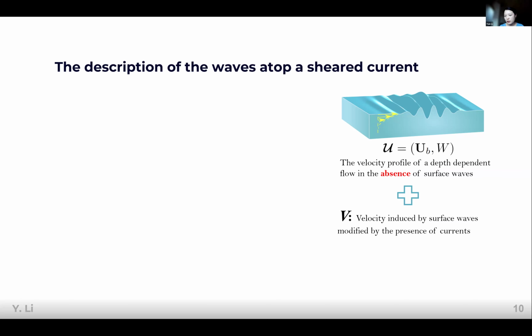In addition to the sheared current, which will be considered in the absence of surface waves, we superpose surface waves which can be modified by the presence of a vertical shear current.